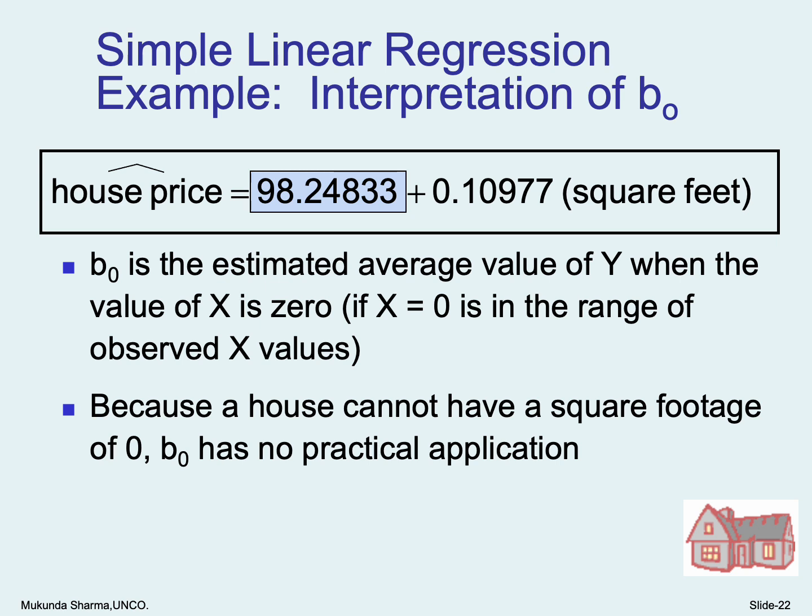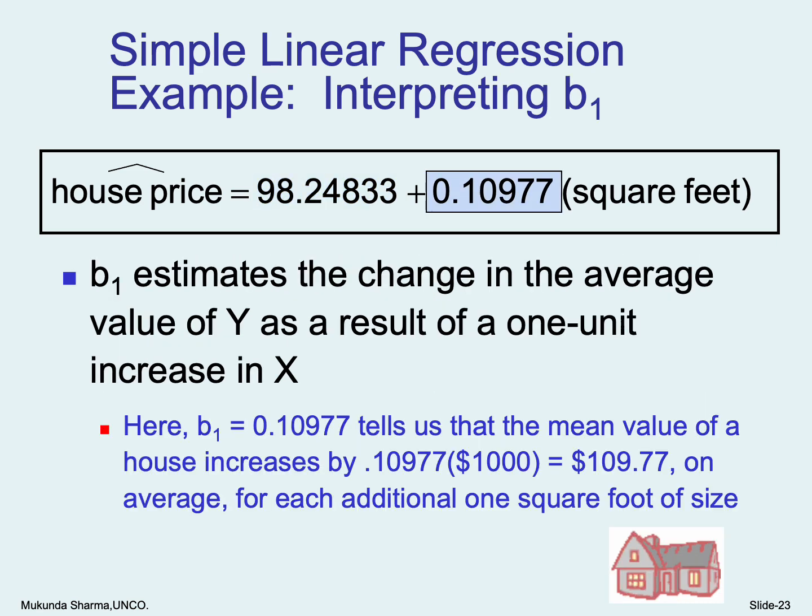But here the house cannot have a square footage of 0, so B sub 0 has no practical application in this example. And the value of B1 estimates the change in the average value of y as a result of a 1 unit increase in x.